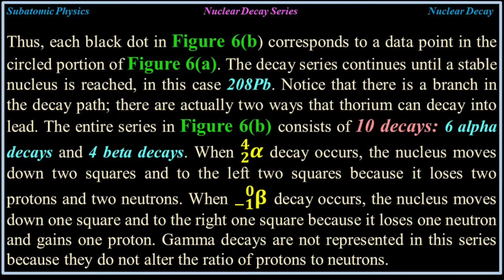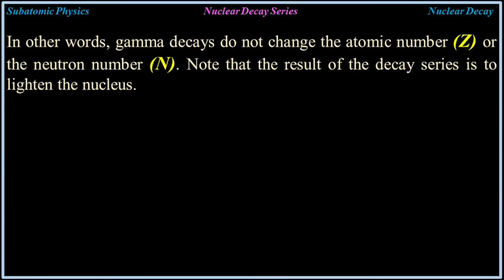Gamma decays are not represented in this series because they do not alter the ratio of protons to neutrons. In other words, gamma decays do not change the atomic number or the neutron number. Note that the result of the decay series is to lighten the nucleus.